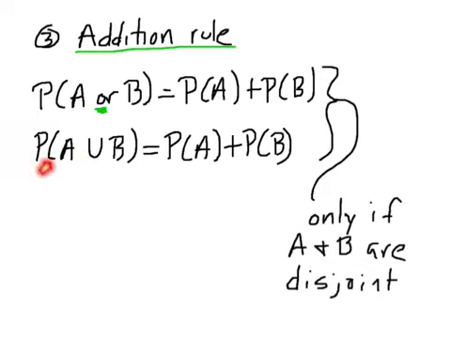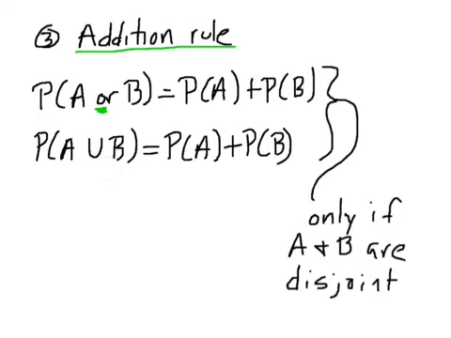The probability of A or B happening is the probability of A plus the probability of B. That's why it's called the addition rule, because there's the plus. So you can think about this rule: what's the probability of drawing a 2 or a jack from a deck of playing cards? Or what's the probability that someone has blue eyes or has brown eyes?